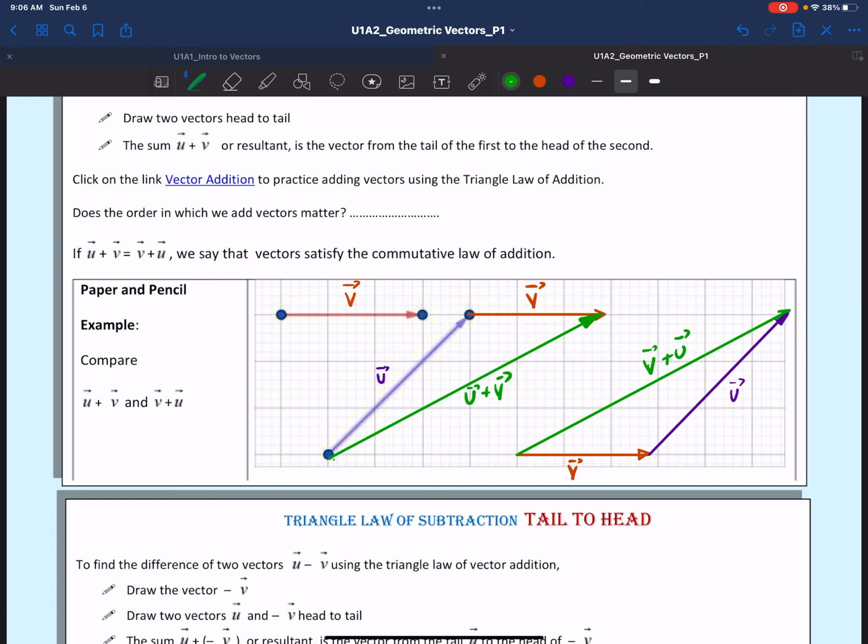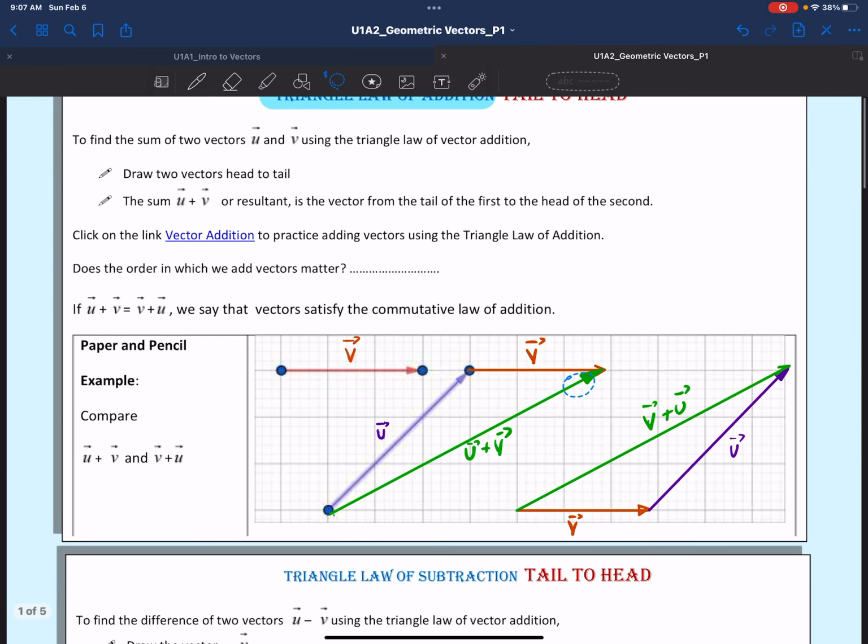Now I want us to compare u plus v and v plus u. Are they the exact same vectors? For the purpose of comparing them, I'm going to drag the vector u plus v to v plus u, and as you can see, they coincide, so they're the exact same size and same direction.